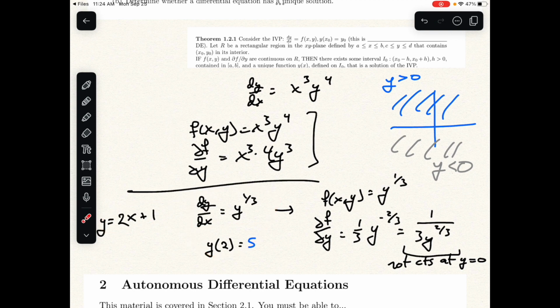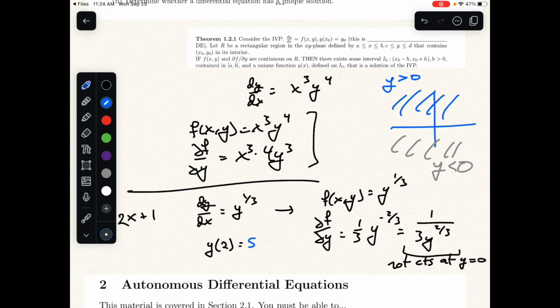How you could go about checking your answer is by plugging this into the differential equation, seeing if the left and right hand sides are equal, and also checking to see if this satisfies the initial condition, y of 2 equals 5. So checking that y of 2 equals 5 is pretty straightforward.